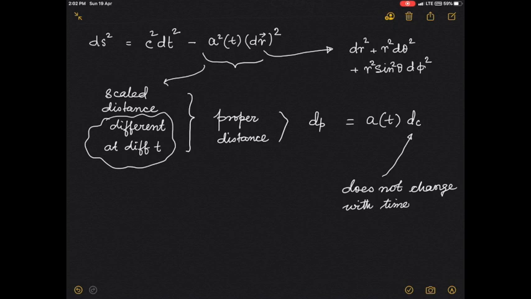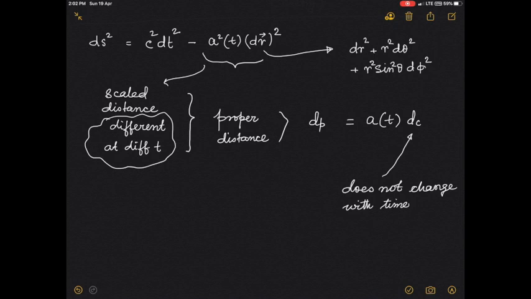So dc is nothing but the integration of dr over some r1 to r2 at a given time in the universe. You are just measuring the local distances. If you do the same exercise 1 billion years ago, you would have got the exact same distance.